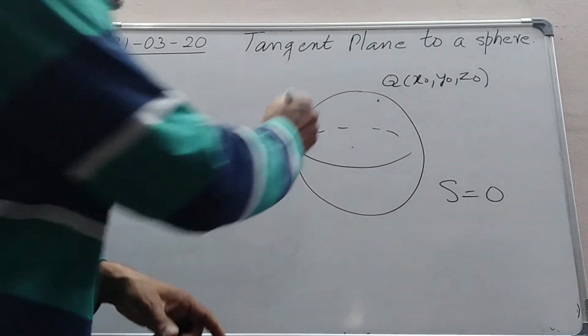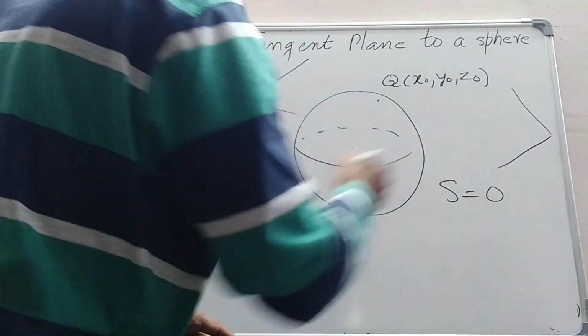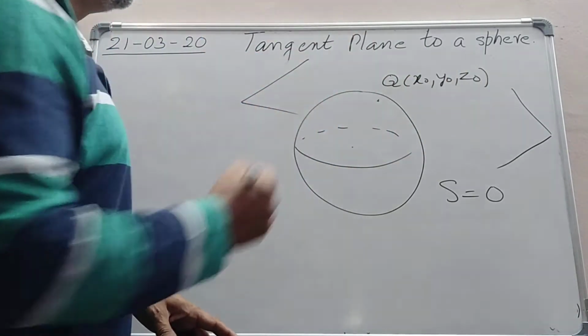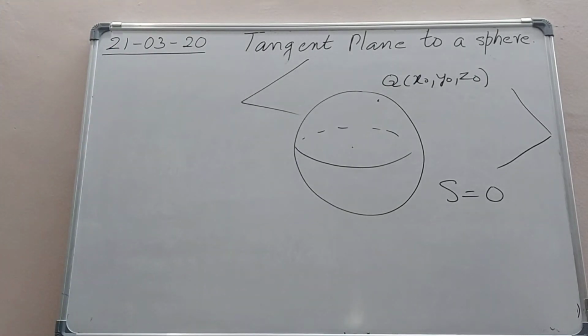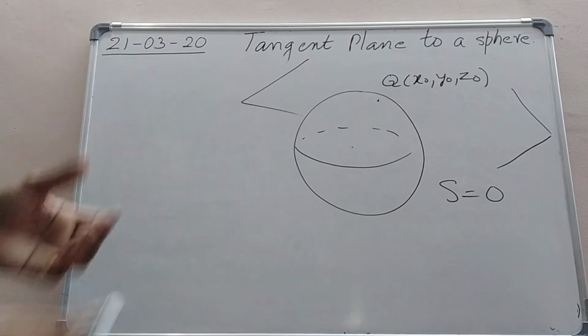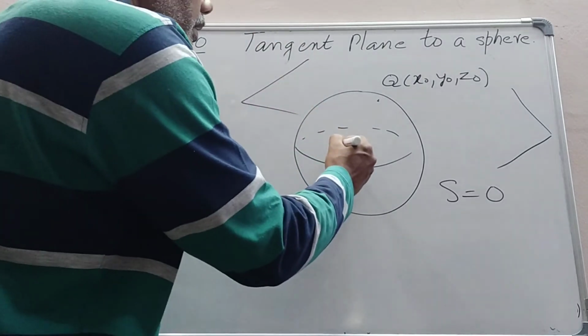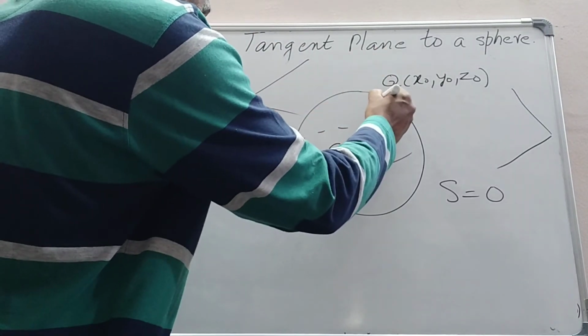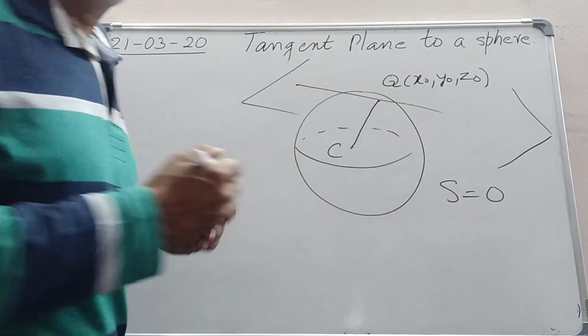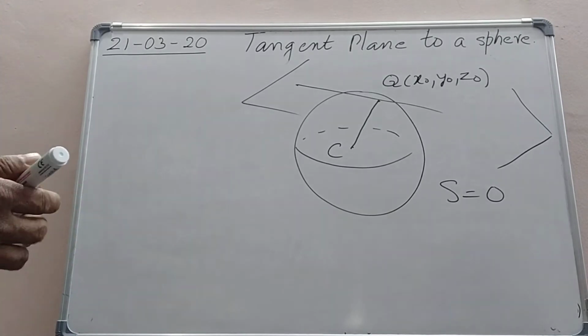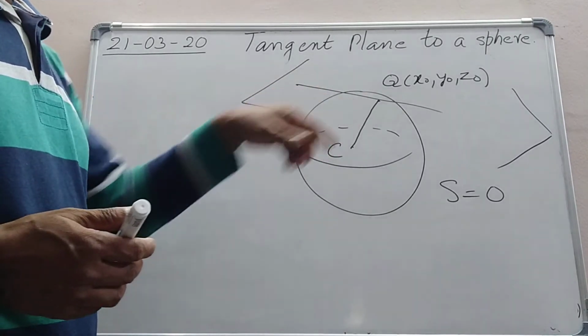In fact, if we look at the tangent plane, any line lying in the tangent plane and passing through Q is a tangent line. And if you want to pick a unique tangent line, then one needs to supply some additional information. So for example, if this is your center and this is the point Q, the tangent line has to be perpendicular to this.